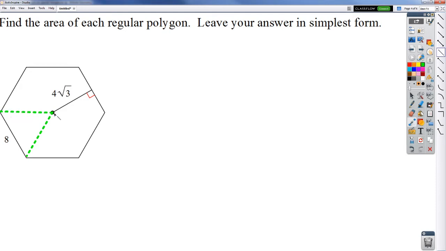Let's see if I can draw correctly, maybe. There we go. And when you have all these triangles, and they're all the same, what you can do is you can just work with one of them.